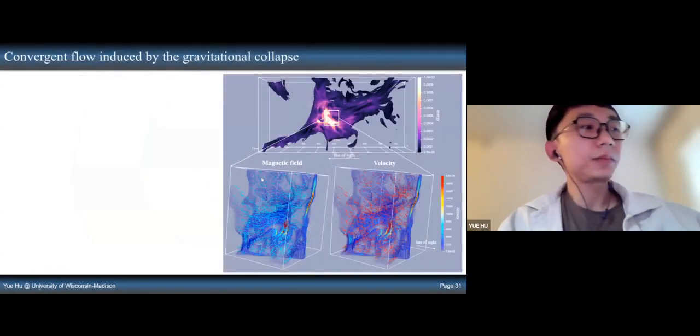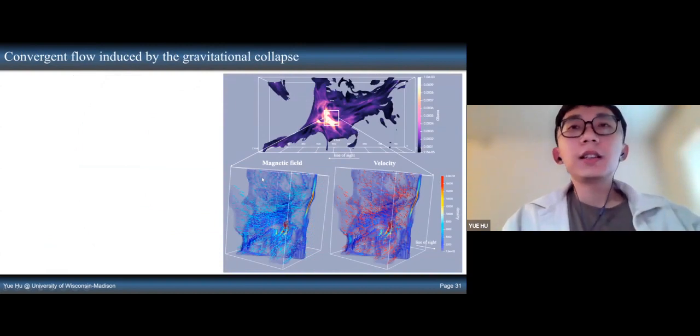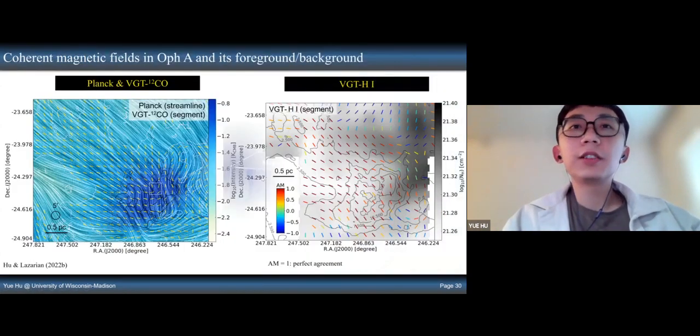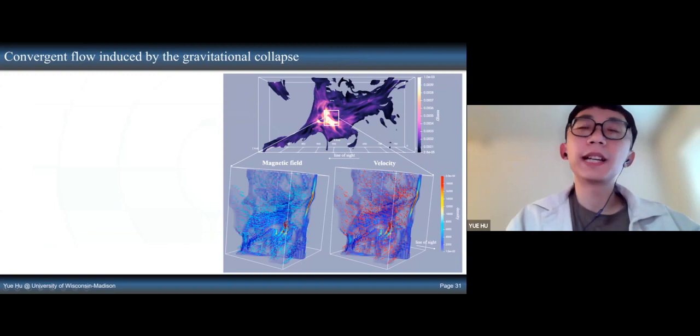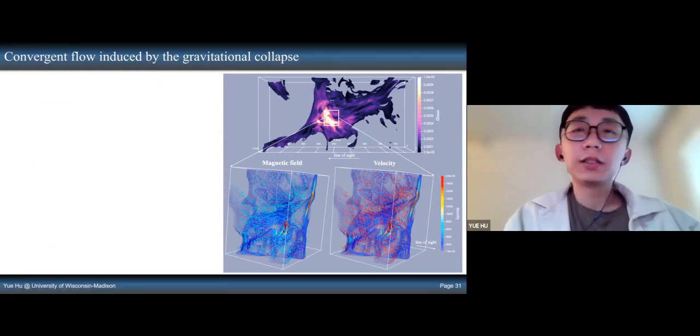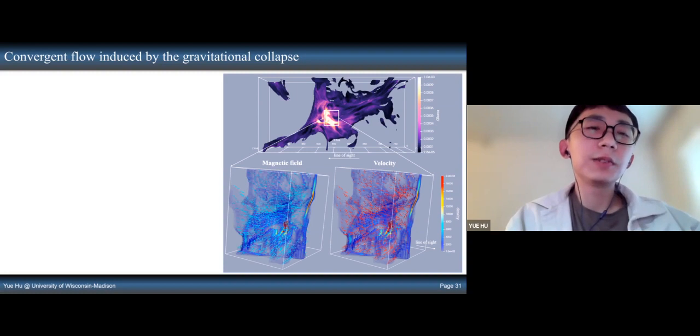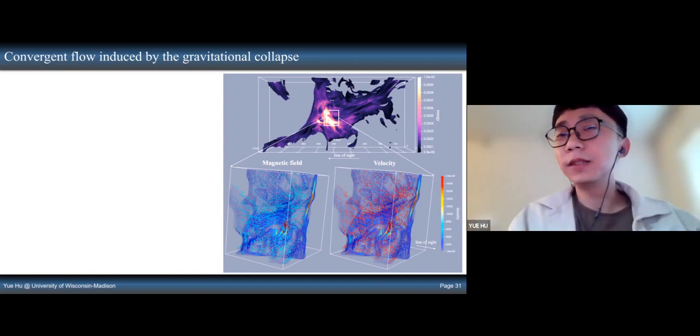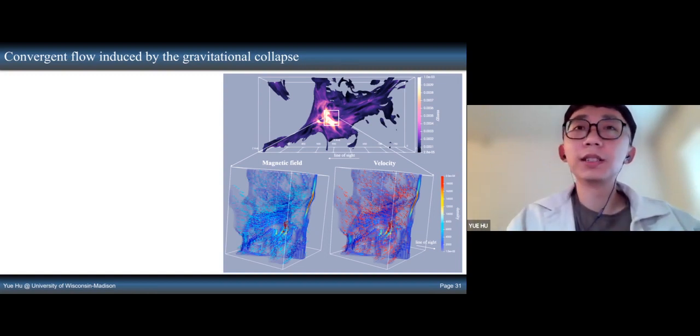Okay, so for molecular clouds, what I talked about so far is magnetic field and turbulence. But in molecular clouds and star formation, another important factor is self-gravity. And how can self-gravity change the velocity gradient if it is very significant compared to turbulence?